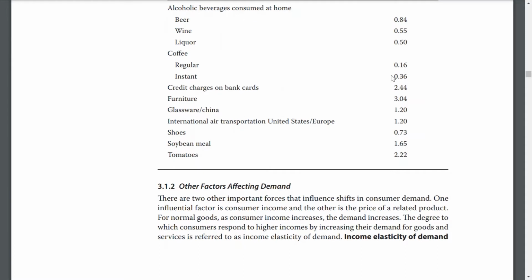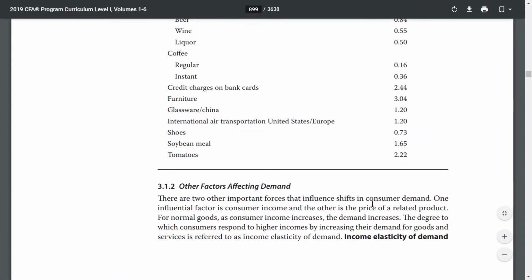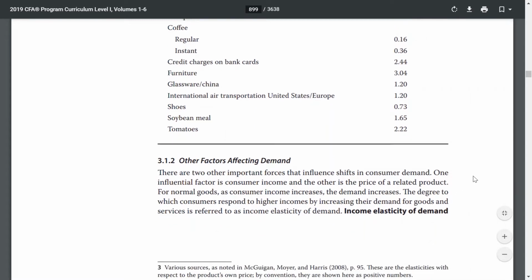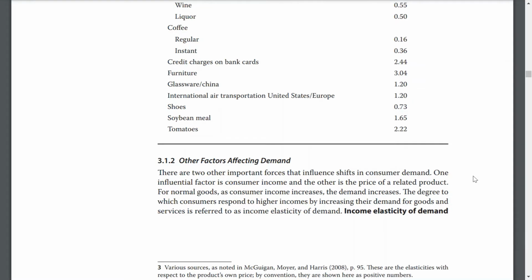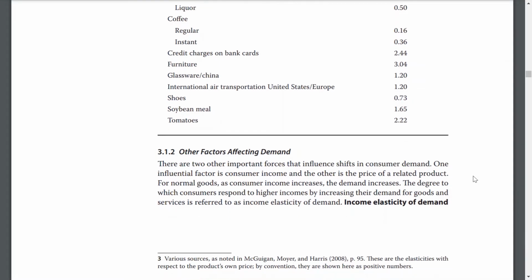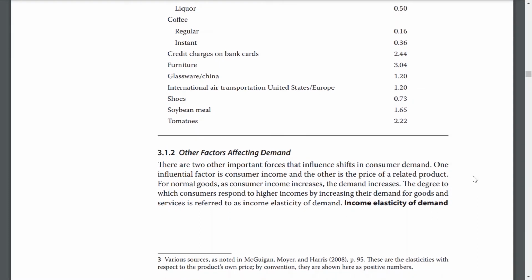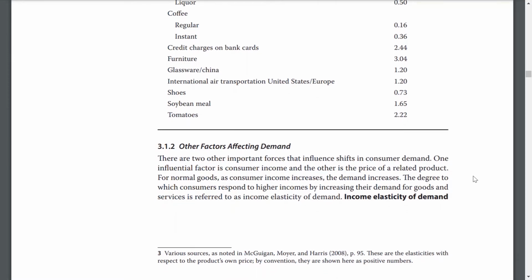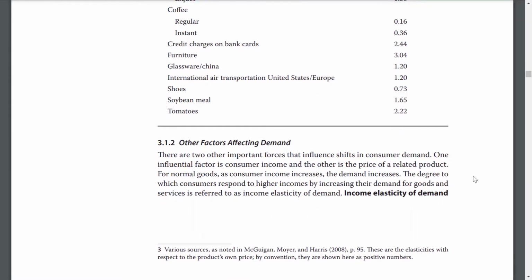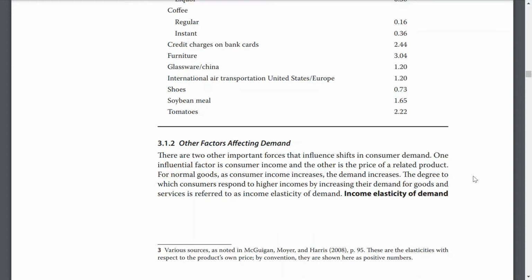3.1.2, other factors affecting demand. There are two important factors that influence shifts in consumer demand. One influential factor is consumer income, and the other is the price of related products. For normal goods, as consumers' income increases, the demand increases.